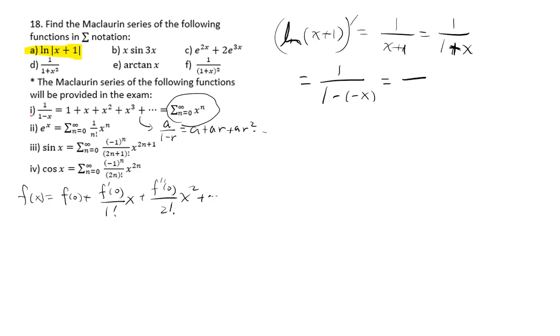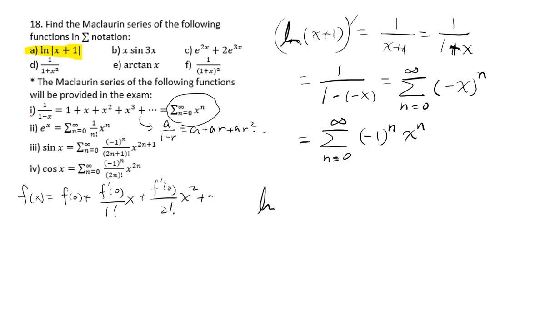So you should write sigma n equals 0 to infinity of negative x to the nth power, which is the same as sigma n equals 0 to infinity of negative 1 to the nth power times x to the n. Now that we have figured out the Maclaurin series of the derivative, how do we recover the Maclaurin series of the original one?